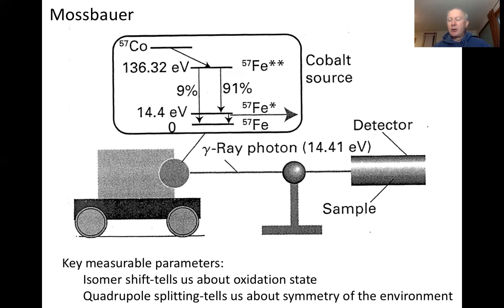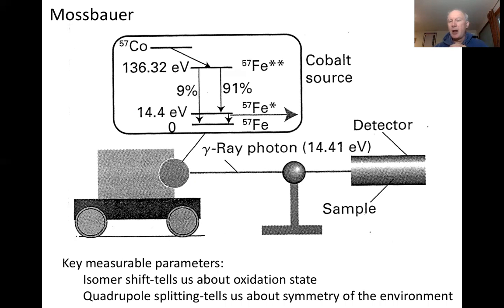And because the interaction between nucleons in the nucleus is much stronger than the interaction of electrons, the difference in energy between nuclear energy levels is much higher. And so this technique uses gamma rays in order to look at these transitions.